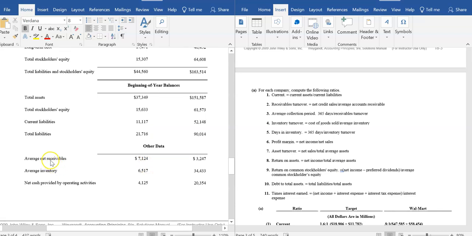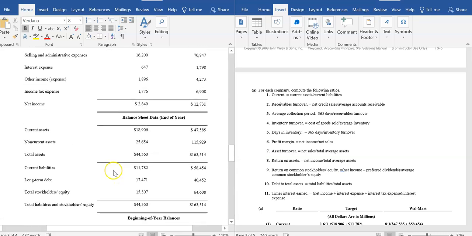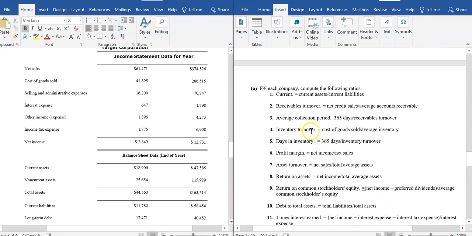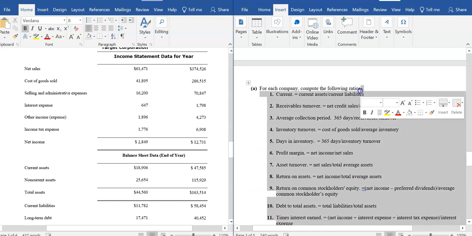They have also calculated some averages for us that we will be using to prepare our ratios. So when we prepare ratios, we are using the information presented in the financial statements. They're going to have us calculate a whole series of ratios for both companies.